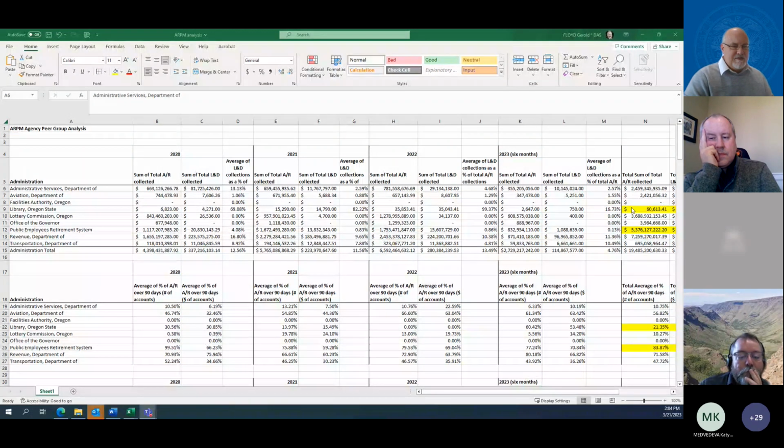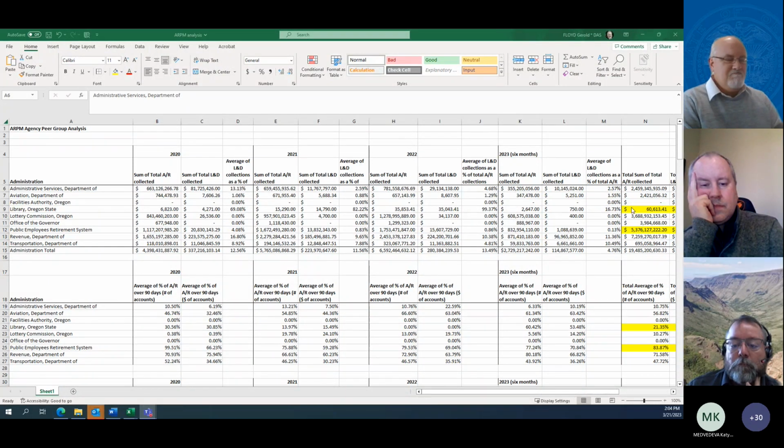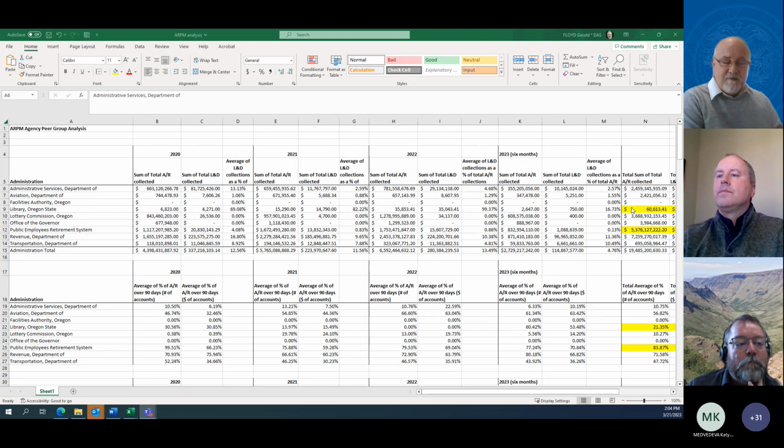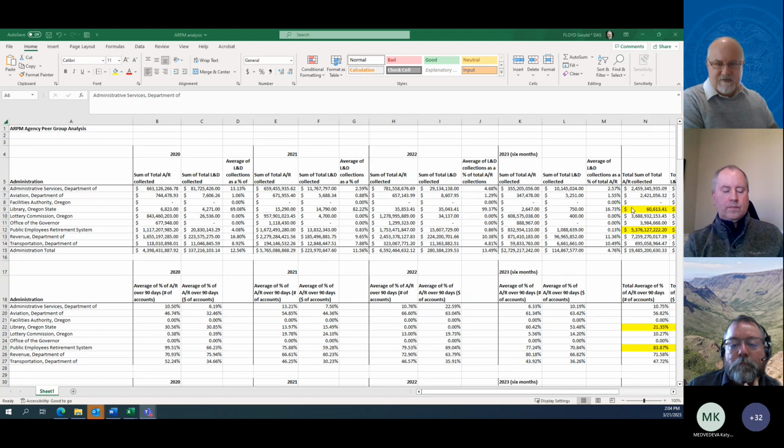Just as a point of clarification, this is our first attempt at creating these peer groups. They may change over time as we learn a little bit more. I certainly may have made some mistakes about where an agency should fit. And even within those peer groups, not everybody would be expected to have similar results.